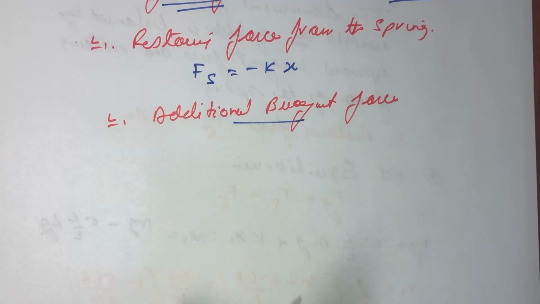So therefore the volume displaced will be equal to A into x, where A is the area of cross section.